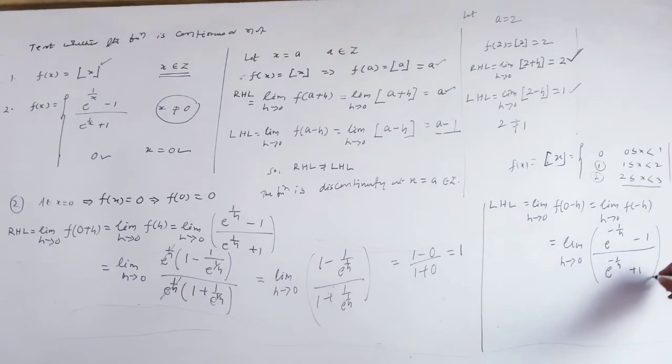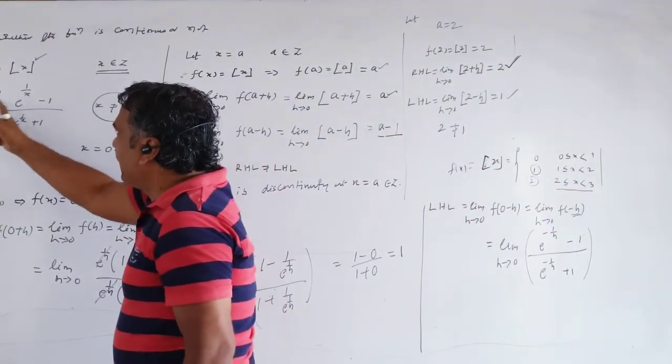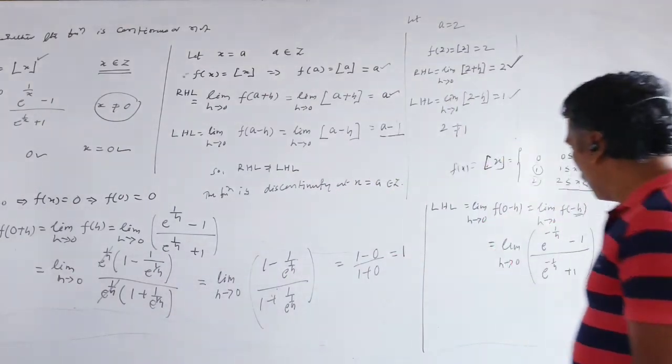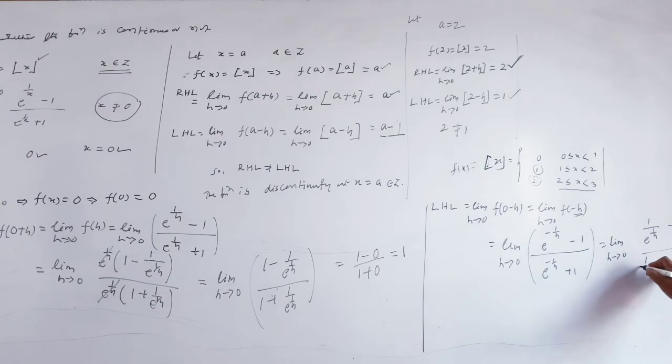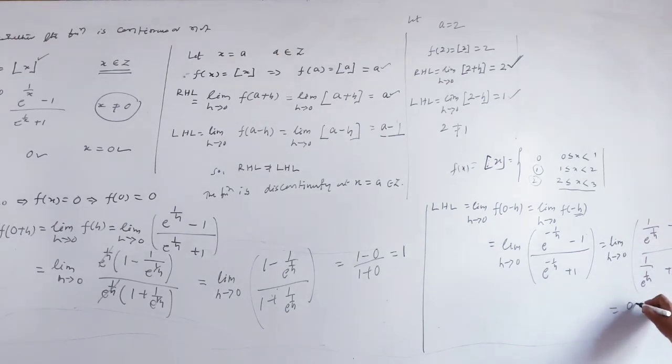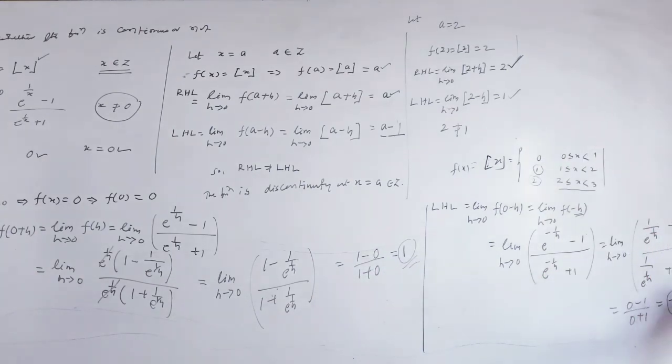Yes or no? Instead of x write minus h. Or we can write this part as limit h tends to 0 of (1 by e to the power 1 by h minus 1) divided by (1 by e to the power 1 by h plus 1). Okay. Now this is (0 minus 1) by (0 plus 1) equal to minus 1. So here plus 1, here minus 1.